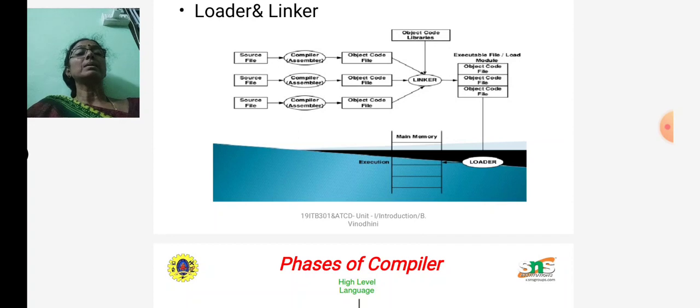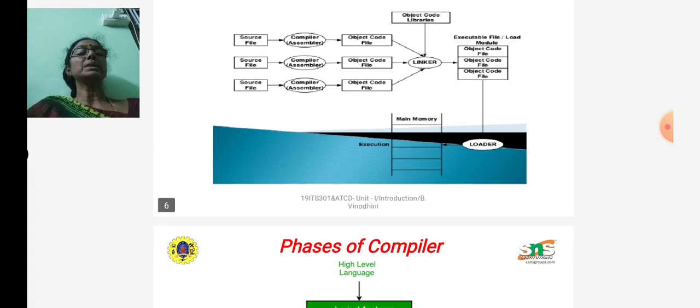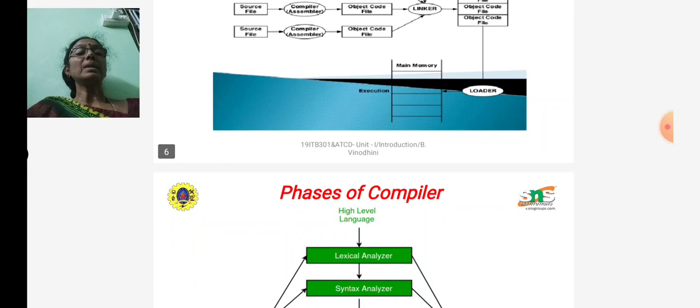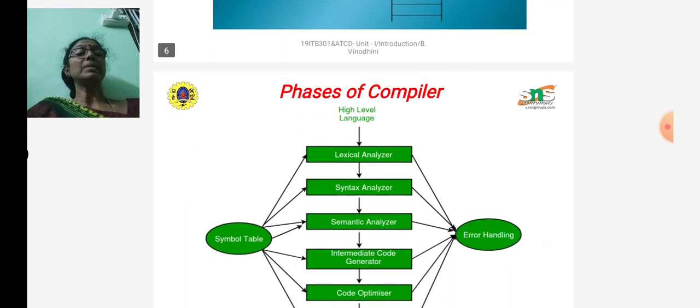In our subject, the main objective is how we are going to compile, and what the phases of the compiler are. That is the main portion of our subject. As I said already, in the compiler we have several phases, showing how our high level language is converted into assembly level language. In this lecture we have seen only the tools needed to convert our high level language into machine level language.